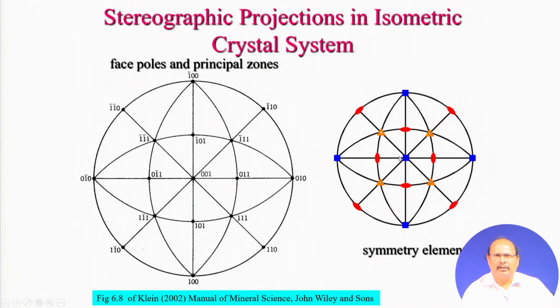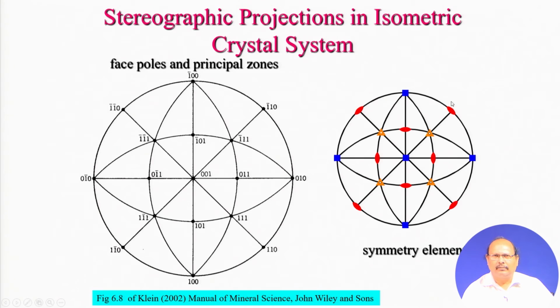Now, with your knowledge now, it will be possible for you to quantitatively put the position of the 4 triads, and these triads are bar 3 axis here in case of 4 over m bar 3 2 over m, and these are the positions of inclined dyads here, which are edge diagonals here, and this is the position of your horizontal 2-fold axis symmetry. So, they are total 6 in number.